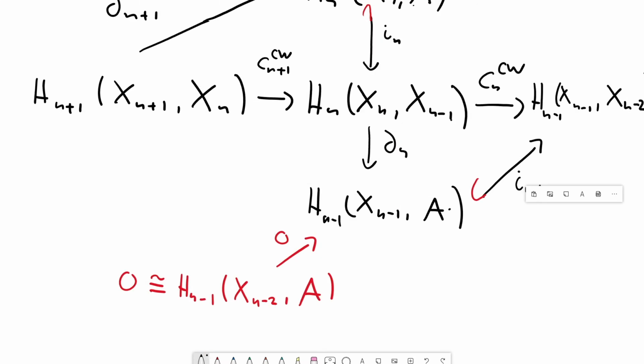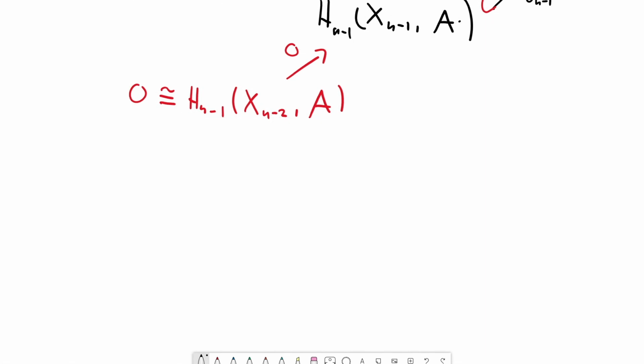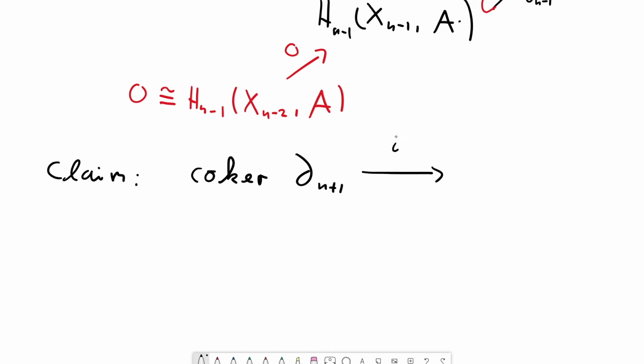So let me just put down this claim. We have an isomorphism from the cokernel of dn plus 1. And this isomorphism is actually induced by the arrow in appearing up there. So induced meaning I should put a bar on it.